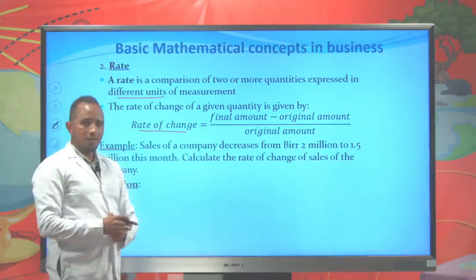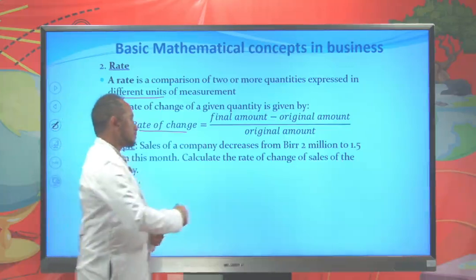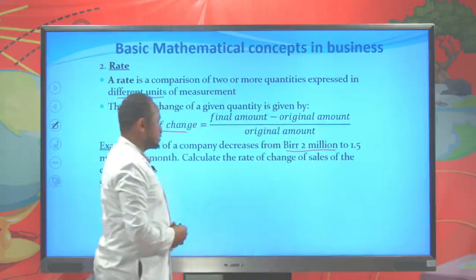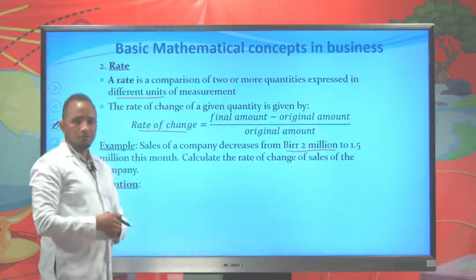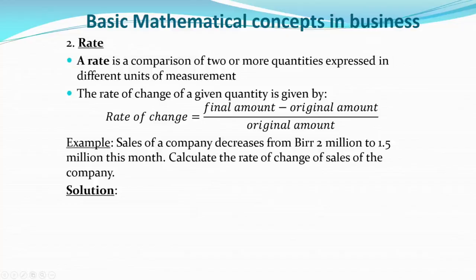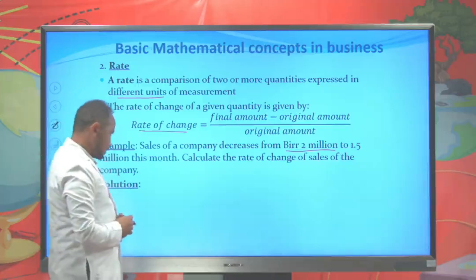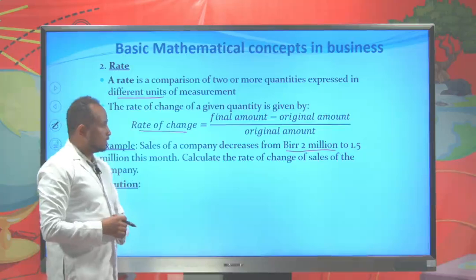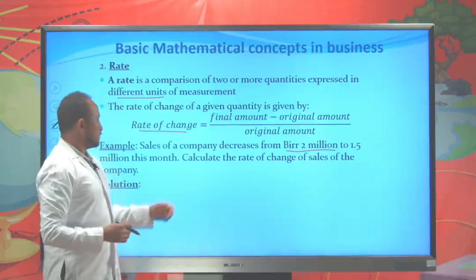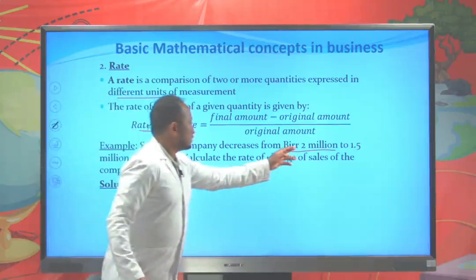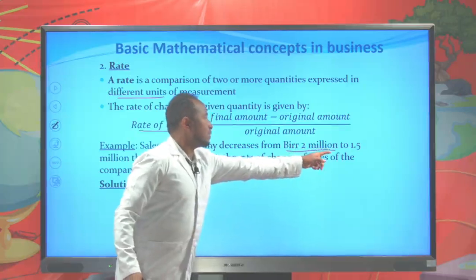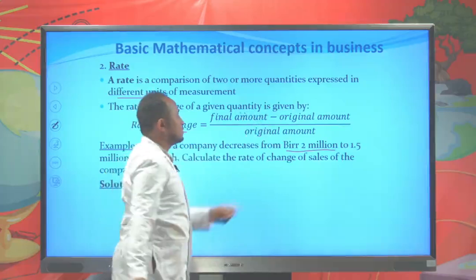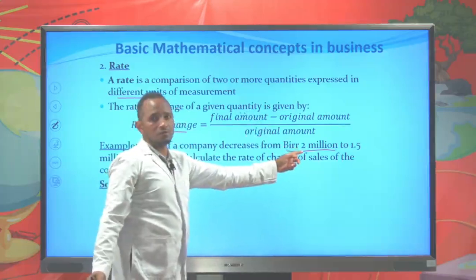Sales of a company decreases from 2 million birr to 1.5 million this month. Then calculate the rate of change of the sales of the company. So to find the rate of change, the final amount is 1.5, and the original amount is 2.